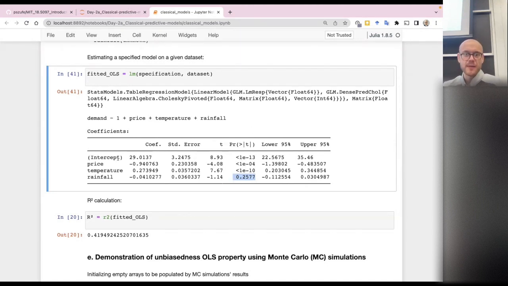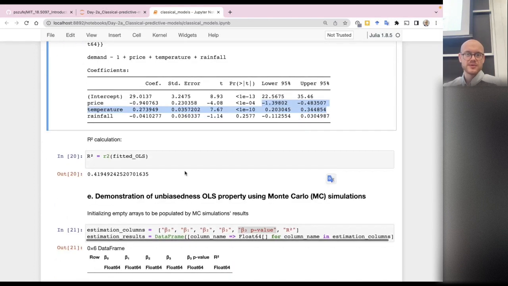But with correspondence to the correct drivers, price and temperature, we see that they are statistically significant with very low p-values. And the standard errors are also relatively low, so the confidence intervals are also relatively narrow. These are the typical results you will get.